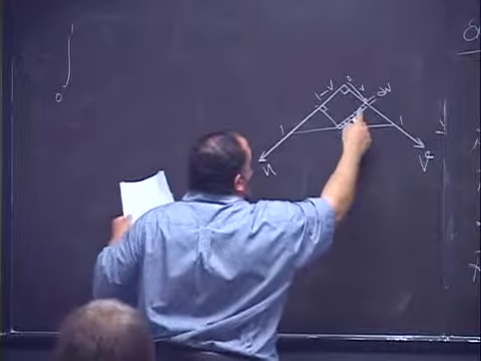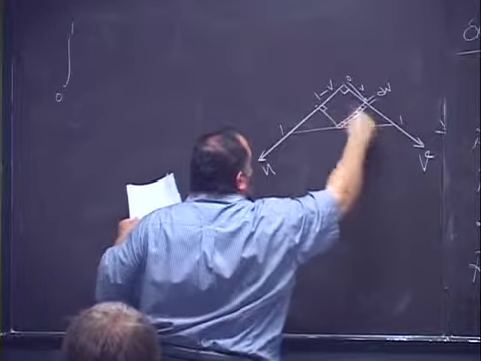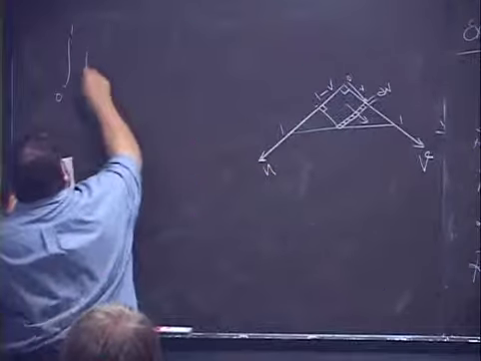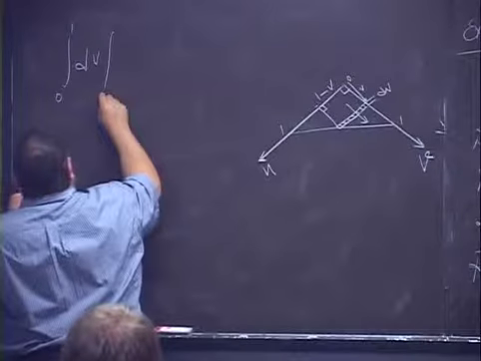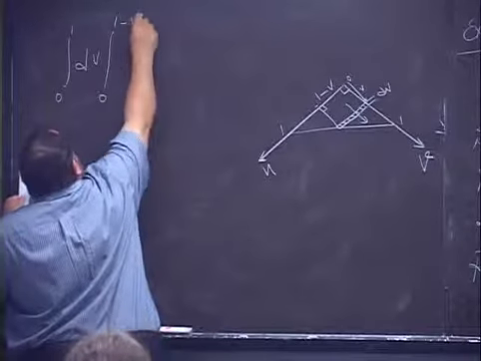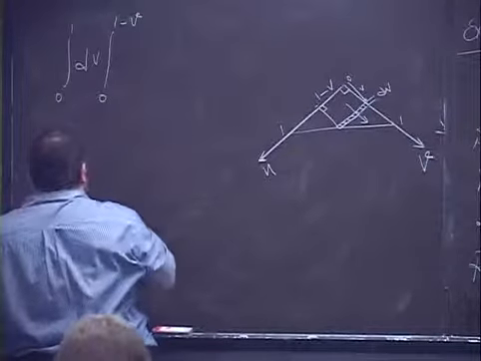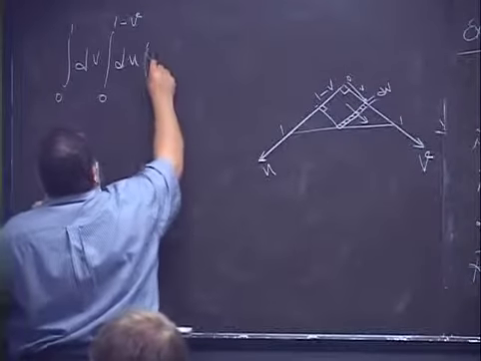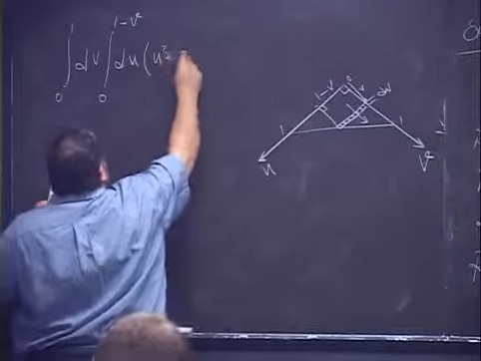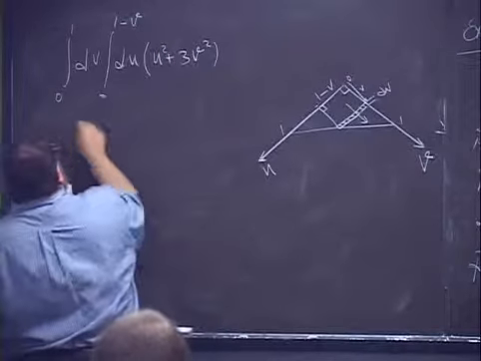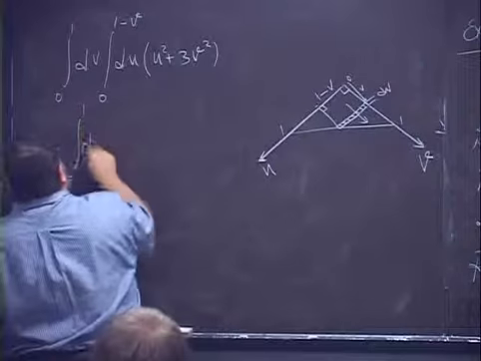We'll move delta V from 0 up to 1. But delta U will go from 0 to 1 minus V. And this is delta U. And we'll integrate U square plus 3V square. And this will give us the integral from 0 to 1 of delta V.